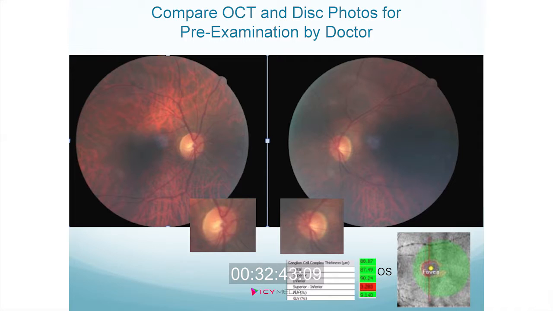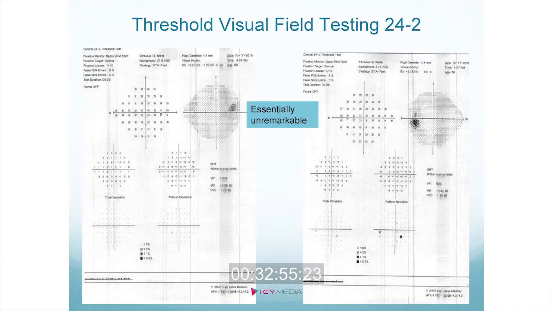So we run the visual field. Remember, we want to find out if that structural problem on the OCT correlates with a functional problem on the visual field. The right eye looks fine, which we would anticipate, at least based on the screening OCT. But what does the left eye look like? Left eye's got some random defects.